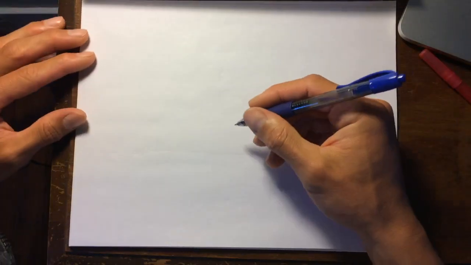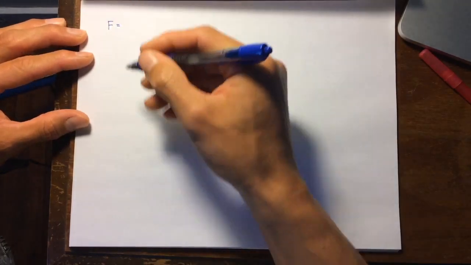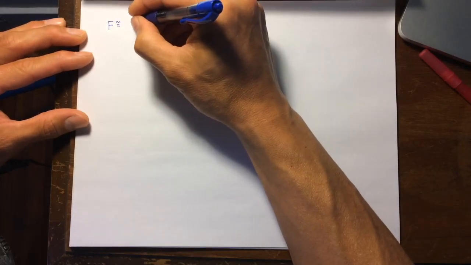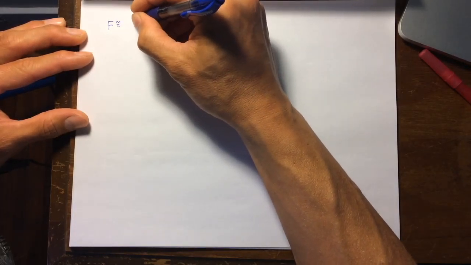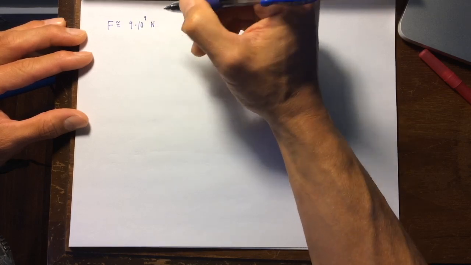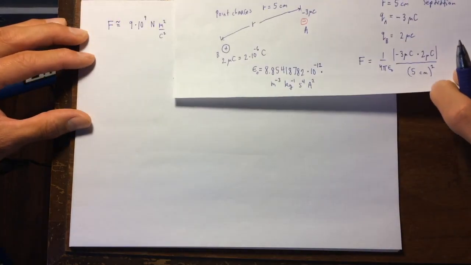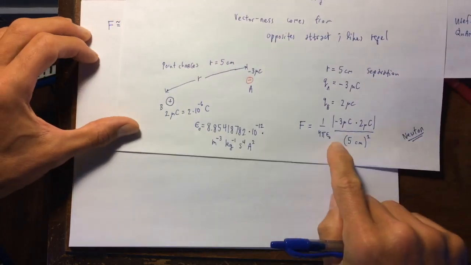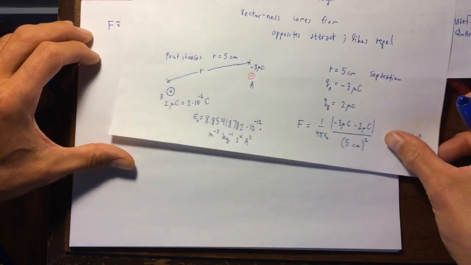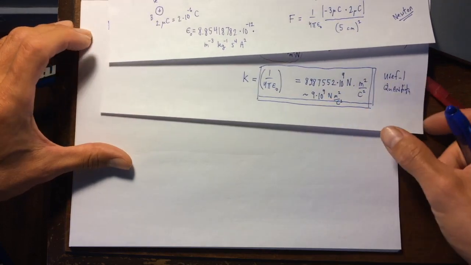So the force will be, I'm going to do a rough calculation. 1 over 4 pi epsilon naught is 9 times 10 to the 9th newtons meters squared per Coulomb squared. So that is using this formula here. So 1 over 4 pi epsilon naught, but epsilon naught has been rewritten as about 9 times 10 to the ninth with those units.